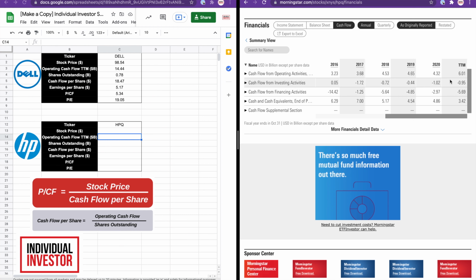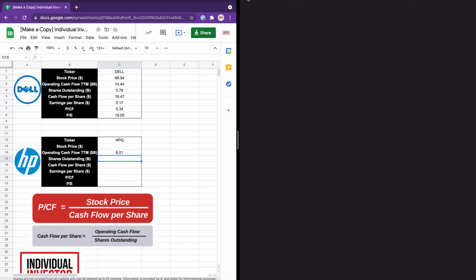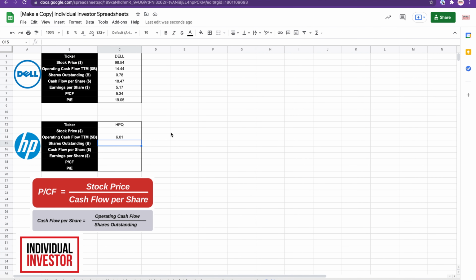If I scroll all the way here to the right, here we have the cash flows from operating activities, investing, and financing for the trailing 12 months. In this case, I'm going to be grabbing this figure, 6.01, and that's going to be in billions for HP. Okay, so 6.01. Perfect, that's all we need from here.